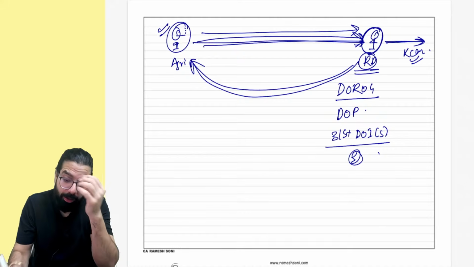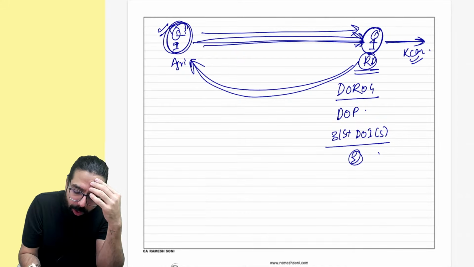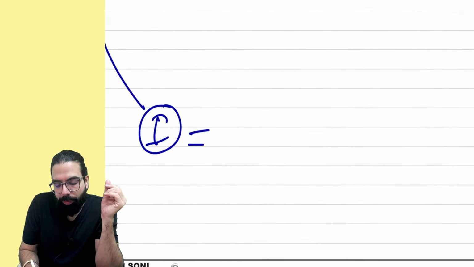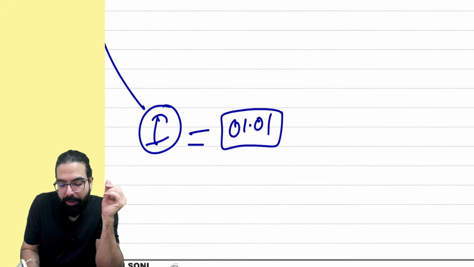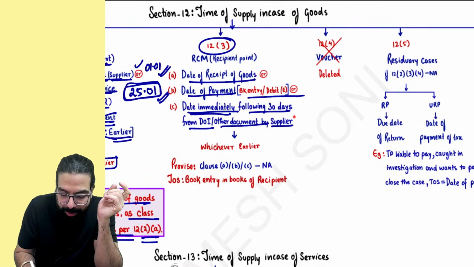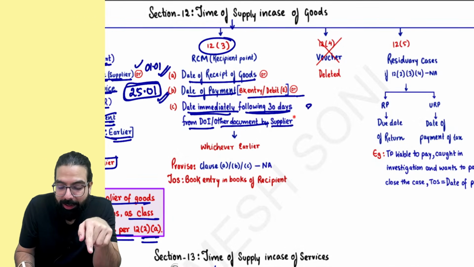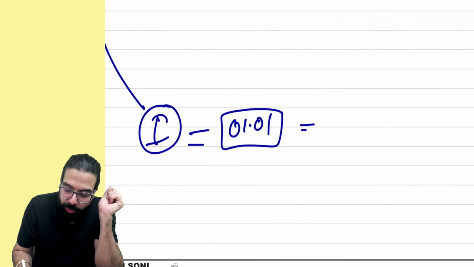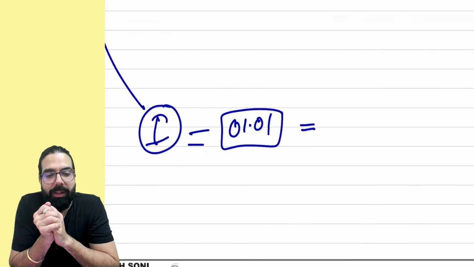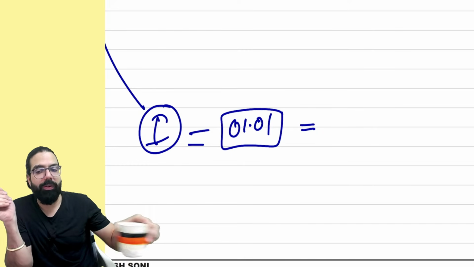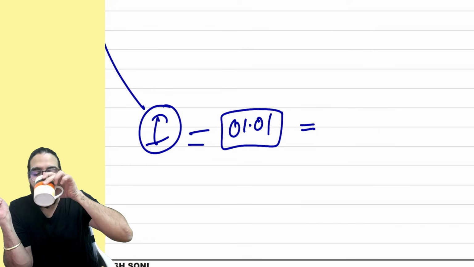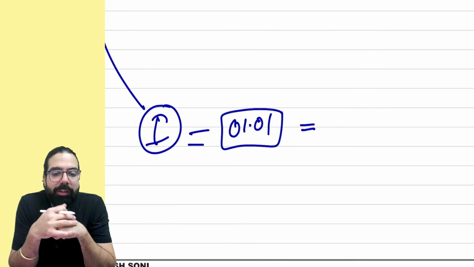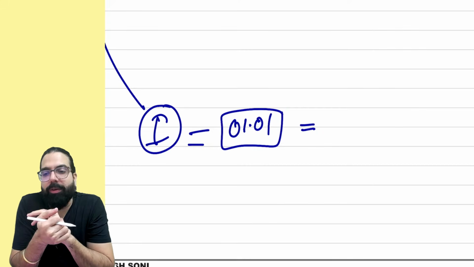Can you tell me, everyone, for an example, the agriculturist has given me an invoice of 1st of January. If I have to calculate the date immediately following 30 days, which basically means the 31st day from the date of invoice, which will be the 31st day? Everyone sitting in the class, can you tell me which will be the 31st day? In this question, what will be the 31st day?